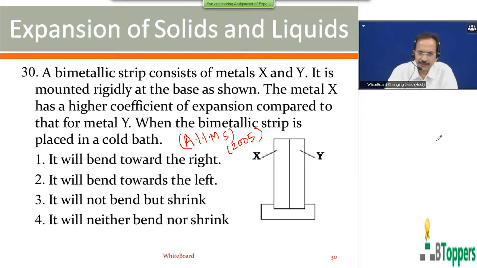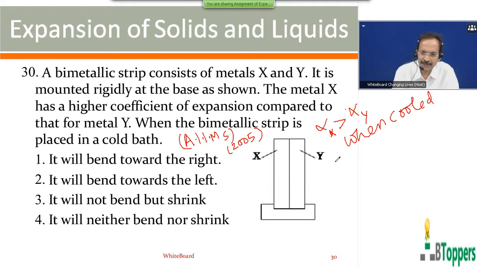The metal X has a greater coefficient of linear expansion compared to that of metal Y. So when the bimetallic strip is placed in a cold bath, that means cooled, as I told you, the coefficient of linear expansion for X is more than that for Y. When cooled, as I discussed earlier, the bimetallic strip will bend with the metal having the greater coefficient of linear expansion on the concave side.